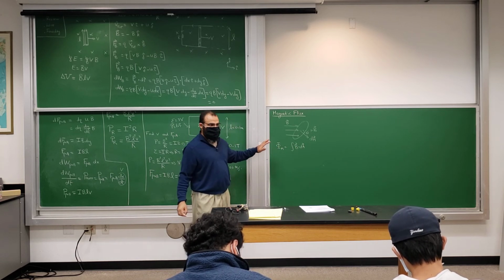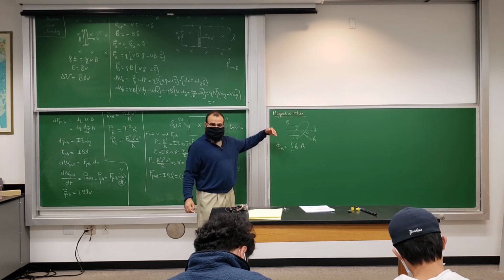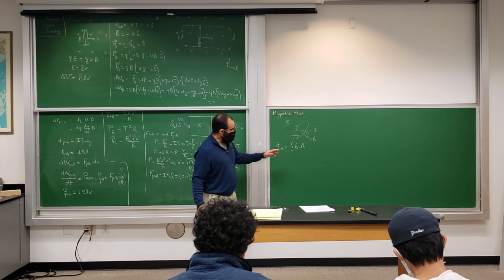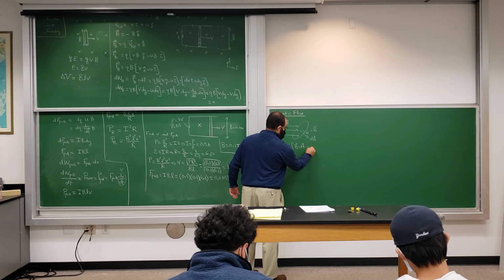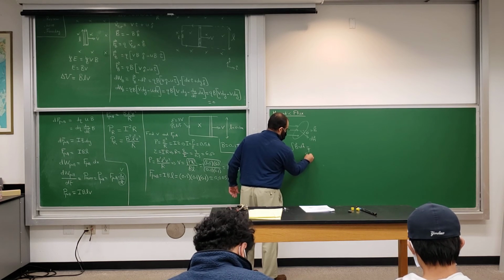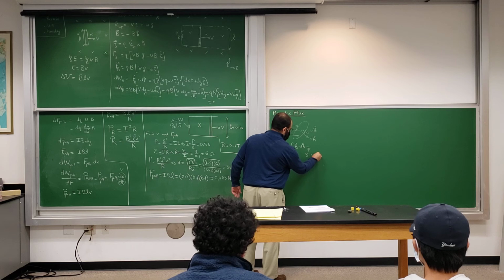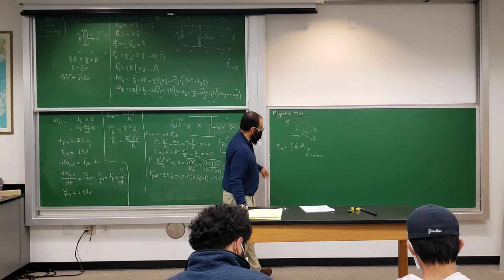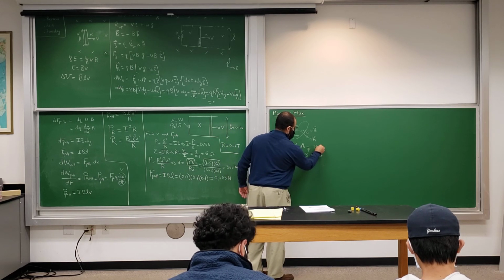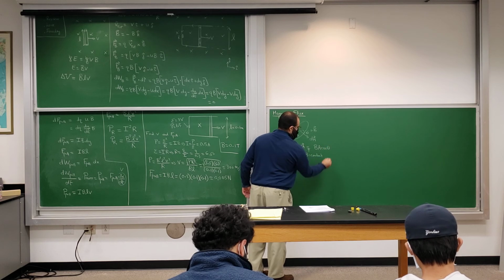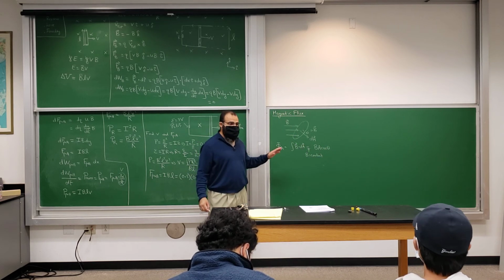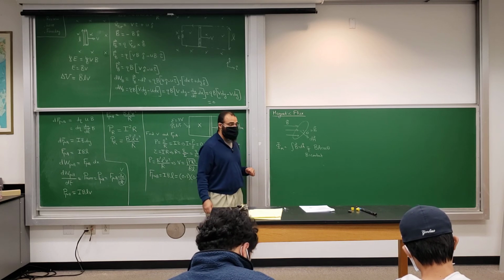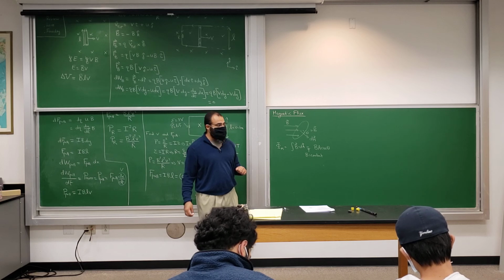If the magnetic field is constant and uniform, and the area is not rotating, so they don't change their orientations and magnitudes, then this boils down to the magnetic field times the area times the cosine of theta. If the magnetic field is not uniform, then you will actually have to do an integral, and we're going to do one to calculate the flux.